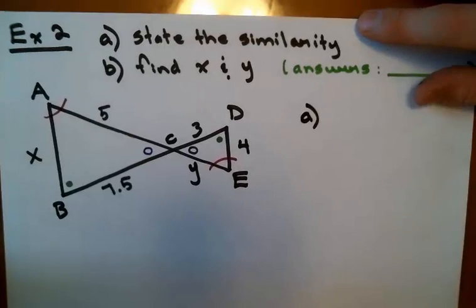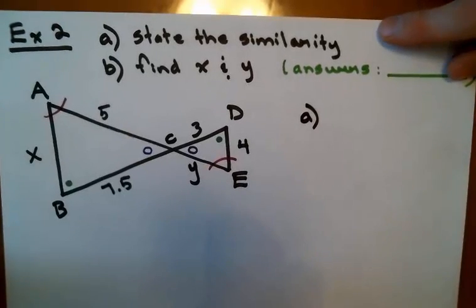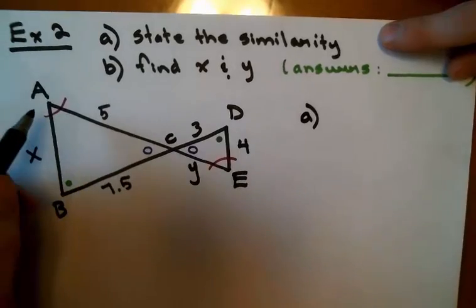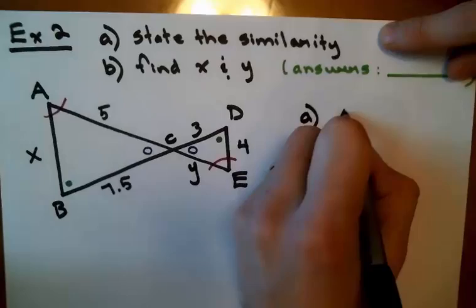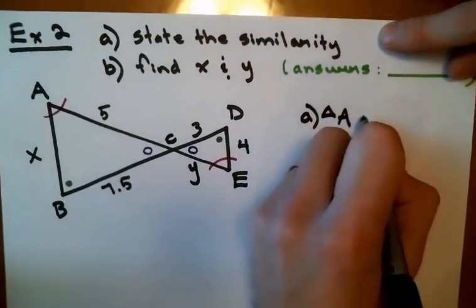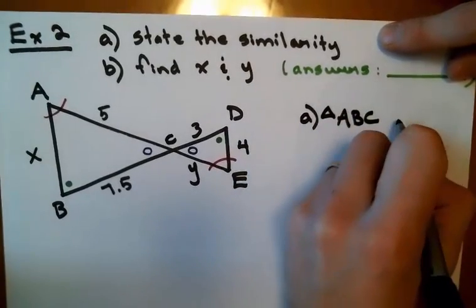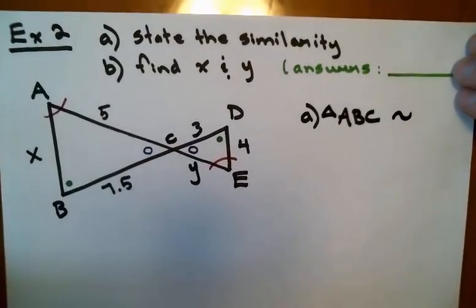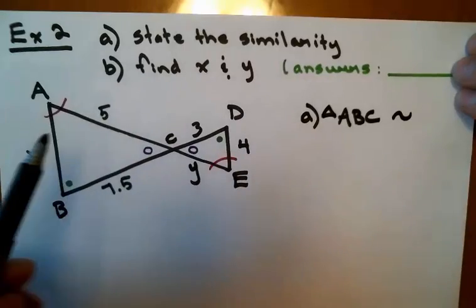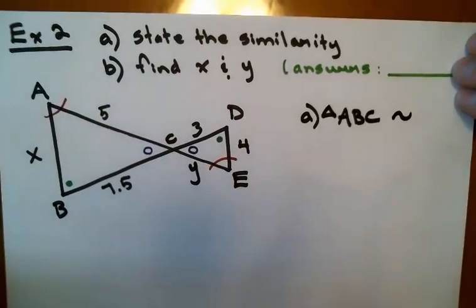So part A, state the similarity. You got to get the order right. So if you call this triangle A, B, C, and you want to say it's similar, you've got to get the right order of letters in the second triangle. So A, B, C, okay?